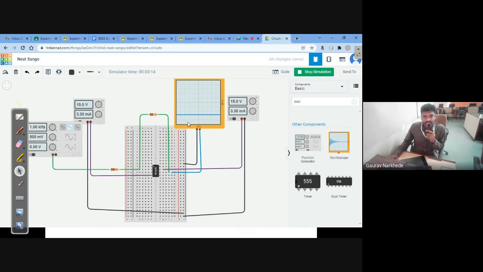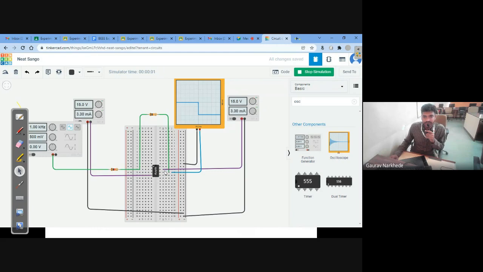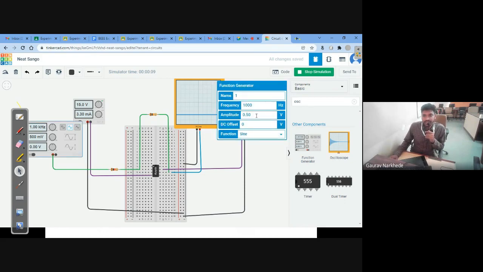It is 1 second, so we need to change it to 1 millisecond. I will start it. The oscilloscope is not able to show.